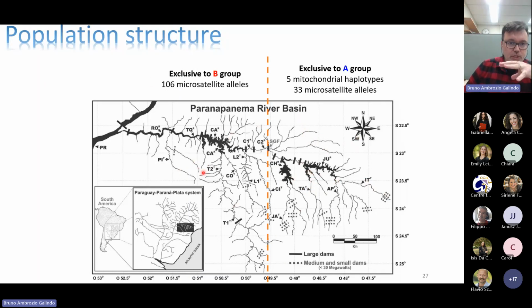And in the downstream group, we found 106 microsatellite alleles that we didn't find upstream. So this is pretty strong evidence that we have at least the beginning of 2 groups.